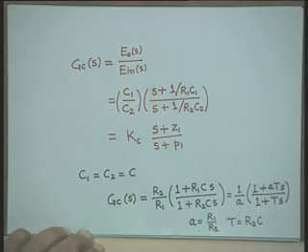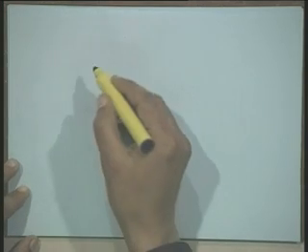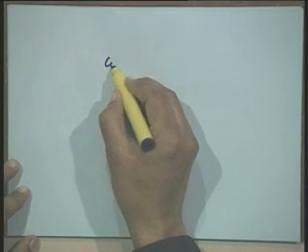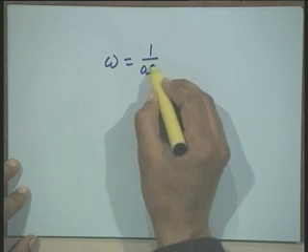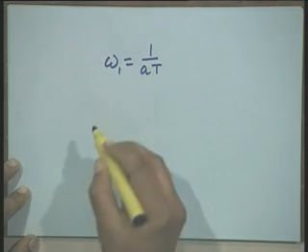Now, the simplest approach to design this compensator is that we identify two corner frequencies of this transfer function. One is omega 1 equal to 1/(A T).